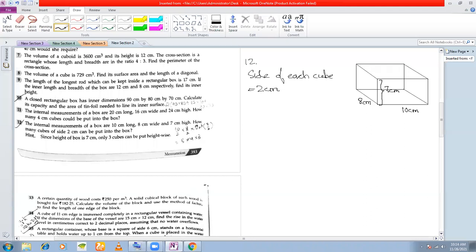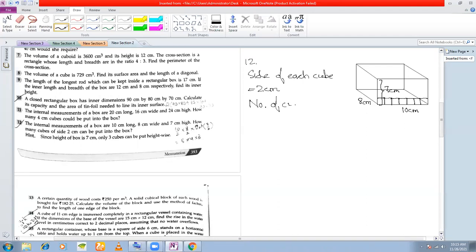So how many can you insert? First of all, lengthwise, how many cubes can you insert this way? 10 centimeters is the length, right? You're keeping it lengthwise. So how many can you insert this way? 5. 10 divided by 2, right? So 5 cubes you can insert lengthwise.